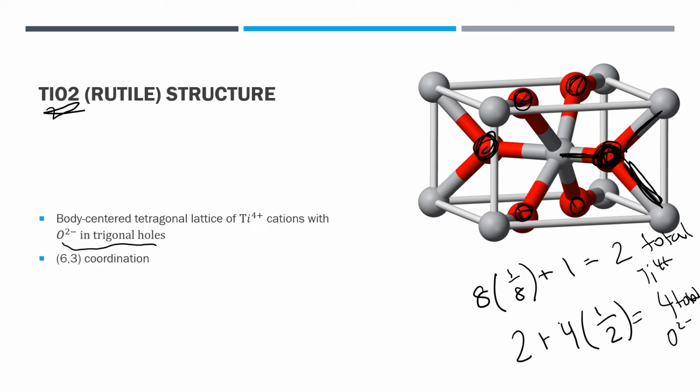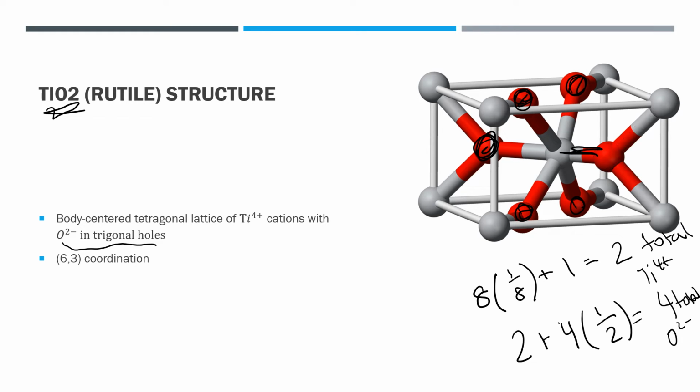So that's good. Now we look at coordination number again, right? For oxygen, it's filling trigonal holes, so we have a 3 coordination number. If I look at this oxygen, just to make it more clear, we have these 3 bonds to the titanium ions. So that's our 3 coordination number.